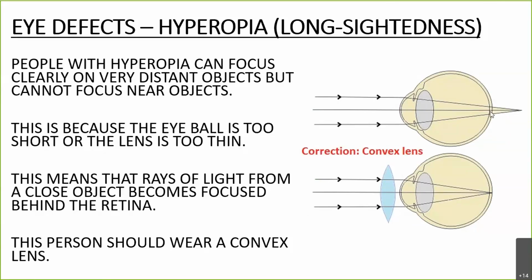All right. So eye defects. The first one is hyperopia, sometimes called long-sightedness or far-sightedness. People with hyperopia can focus clearly on very distant objects, but cannot focus on near objects.